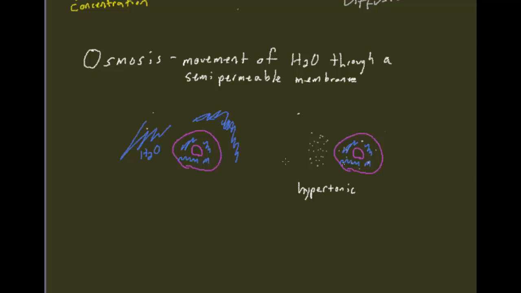In that case, water will flow from inside the cell to the outside of the cell. So in a hypertonic solution, water leaves and the cell shrinks. And they can completely shrivel up and die, depending on how long they're in the solution.